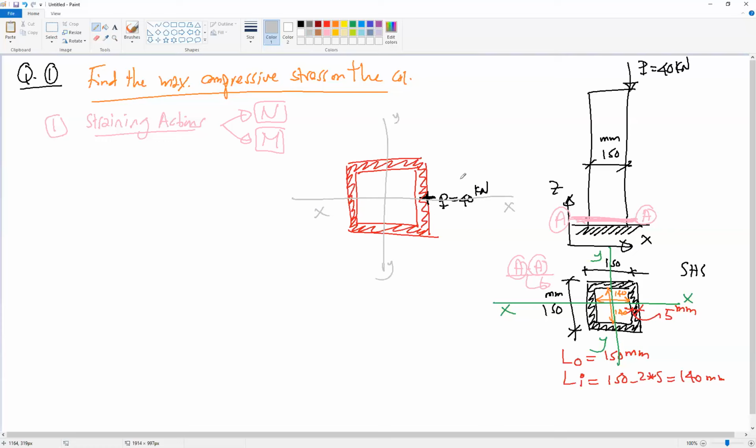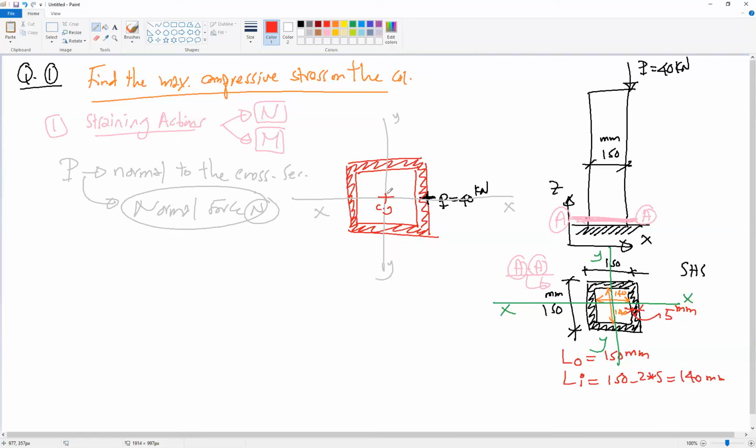So this force P is normal to the cross section. So this force is normal force N. So first of all, we know that P is causing normal force or normal stresses in the section.